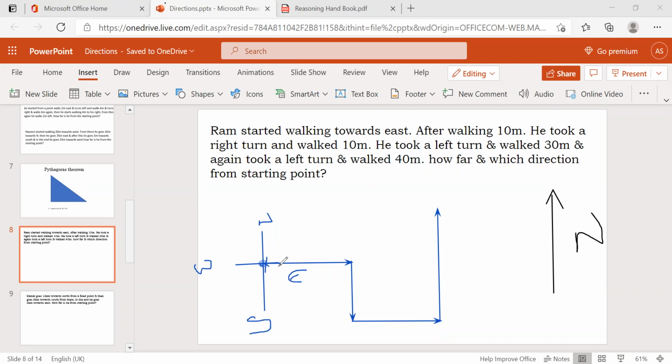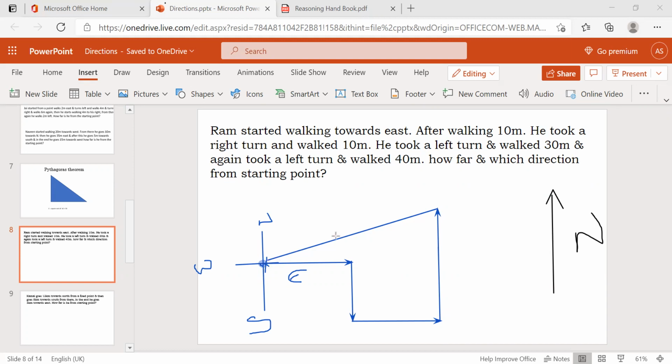Now, which point is he at? Exactly from here, like this. And now, which direction from the origin? Northeast. Yes, from the origin, he's northeast.